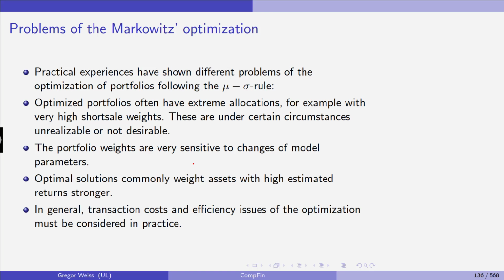So optimal solutions commonly weight assets with high estimated returns stronger, and in practice you need to include transaction costs and efficiency and liquidity issues. Otherwise you will be stuck in a situation where you have extreme portfolio weights, and these will change a lot and you will lose all your money in transaction costs.